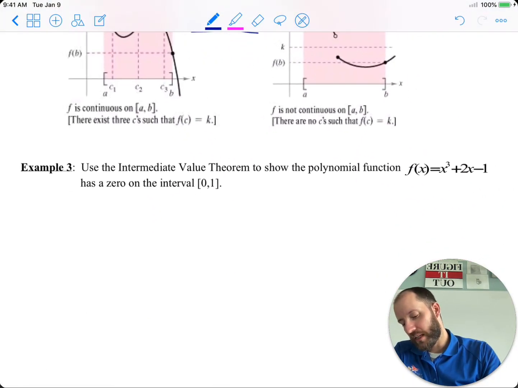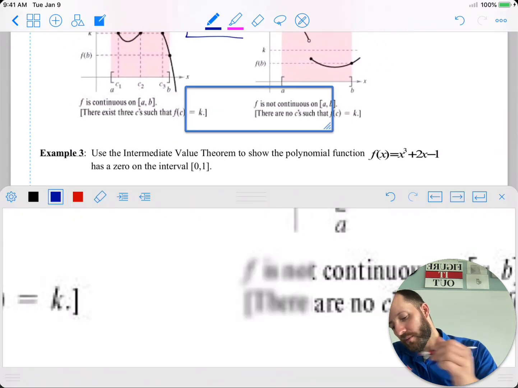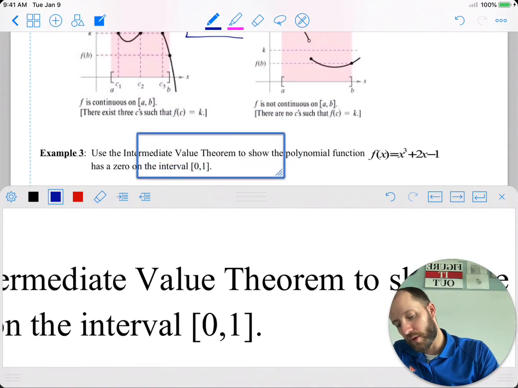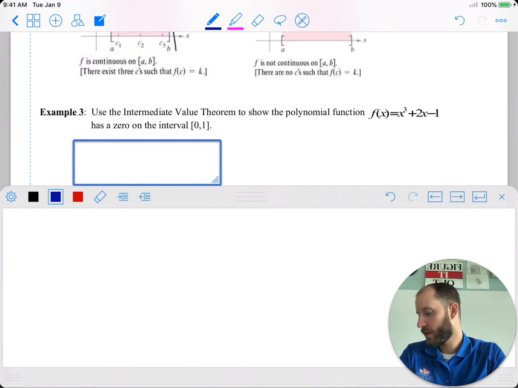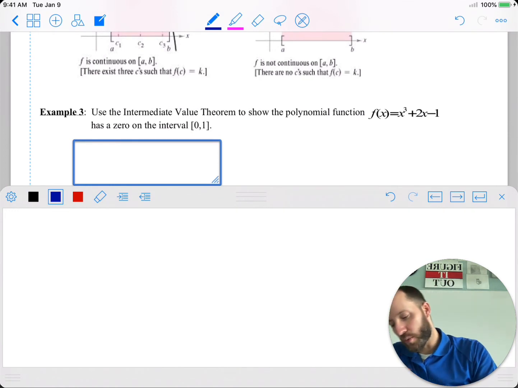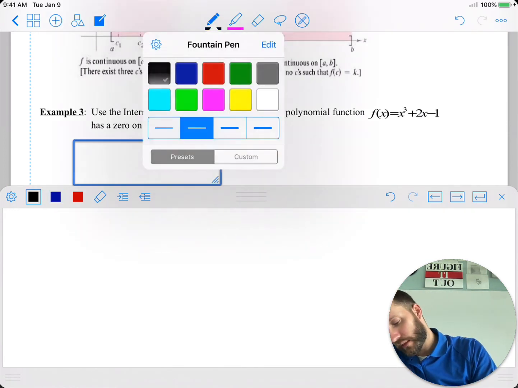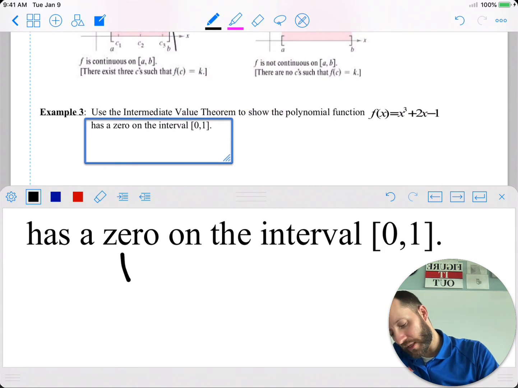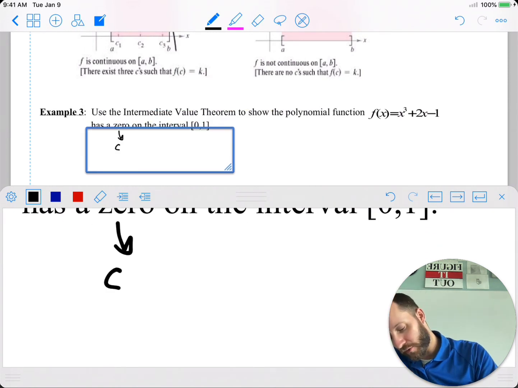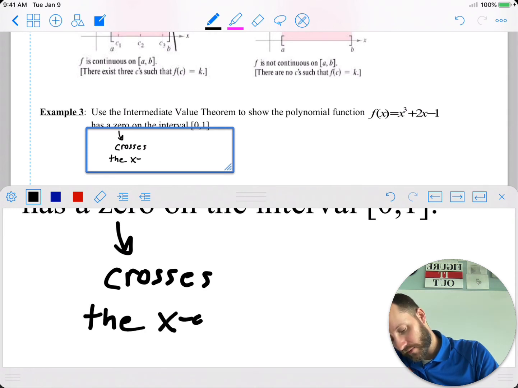So example 3, use the intermediate value theorem to show that the polynomial function has a zero on the interval 0 to 1. So a zero, just to be clear what we're looking for, is where a function crosses or touches the x-axis.